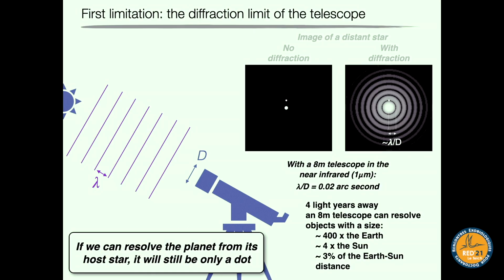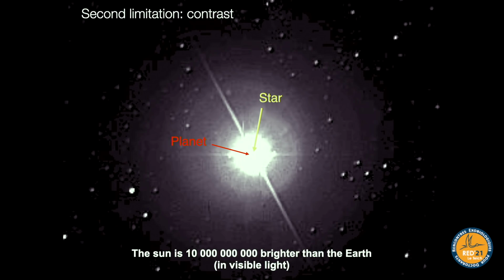The problem is that even if we are able to resolve, meaning that the two spots will not be the same on our image, there is a second problem, and the second limitation is contrast. Because if you look at any random bright star in the sky, and you take an image, here is what you see.